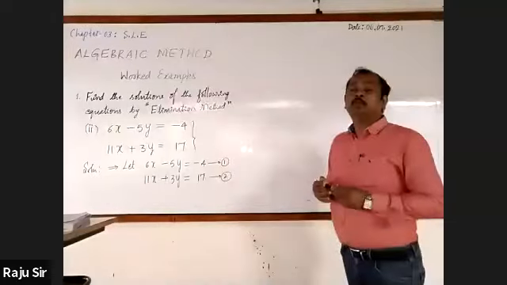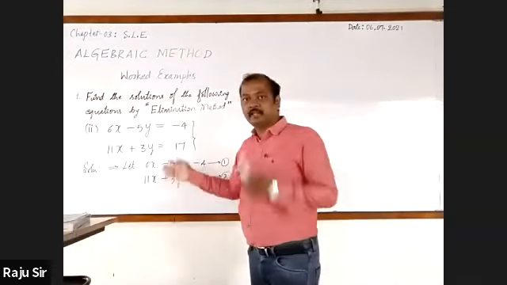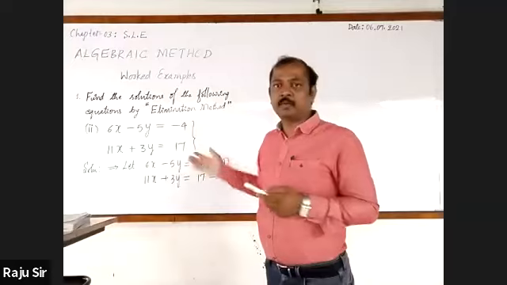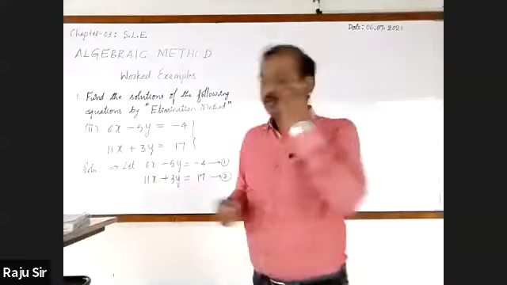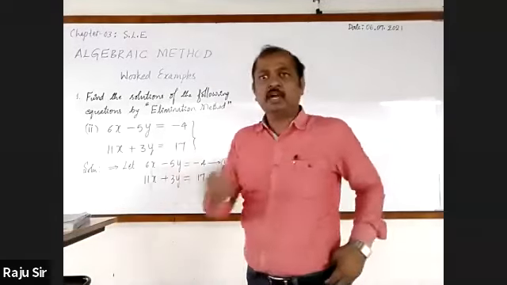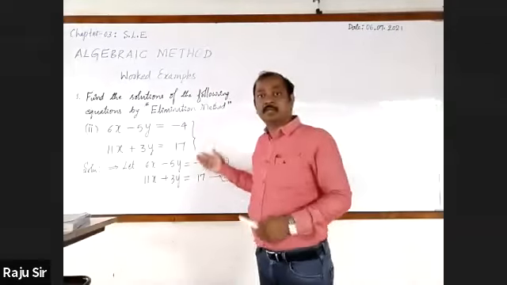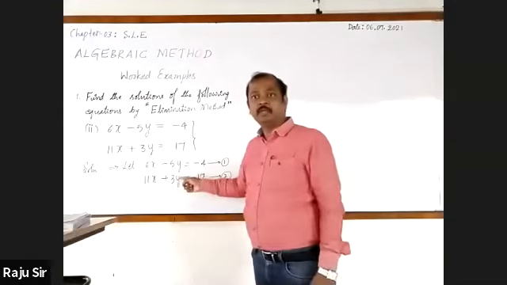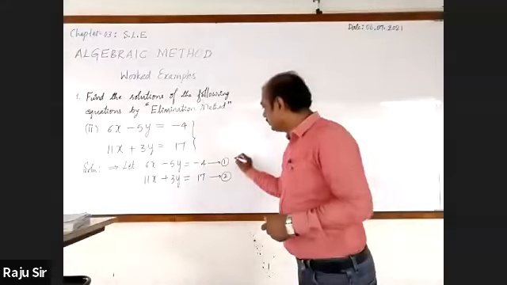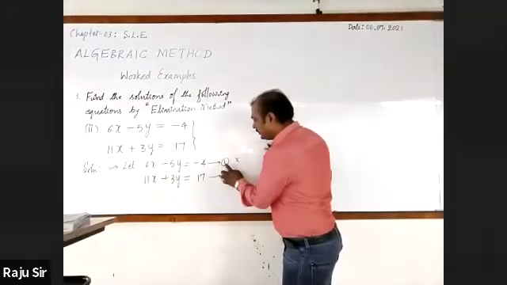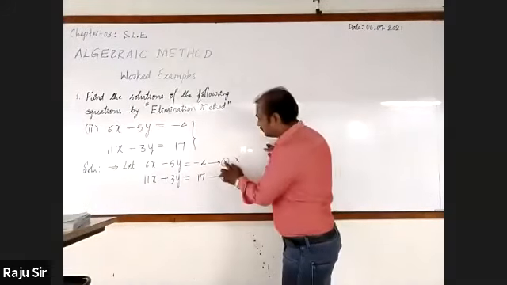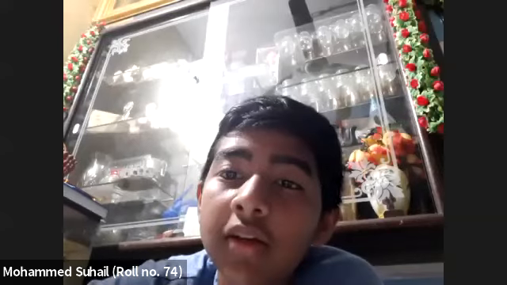Now you tell whether you go for equalizing the coefficients of x or y. Y, sir. Either y or x, there is no restriction at all. You may eliminate either x or y term. One student said that, sir, this time let's go for equalizing y. If so, what number should I multiply equation 1 with? 3, sir.